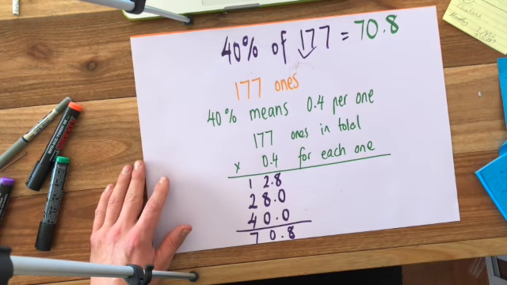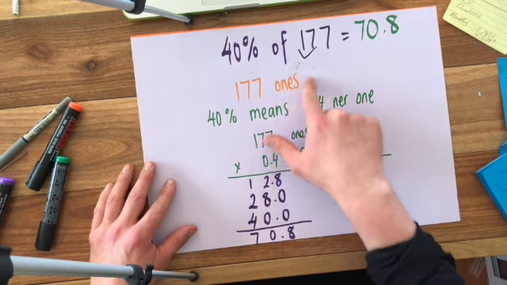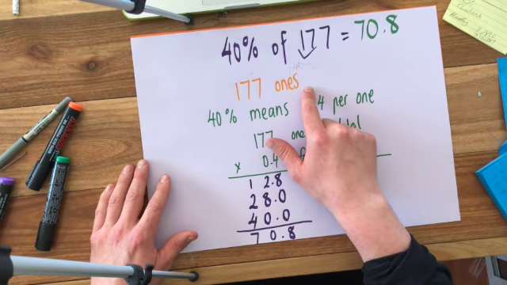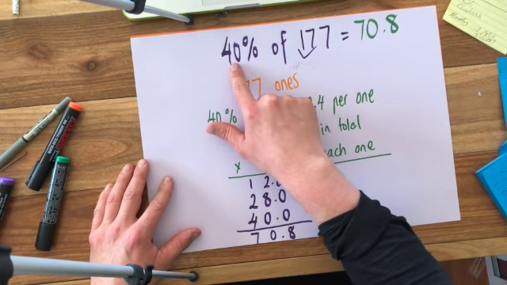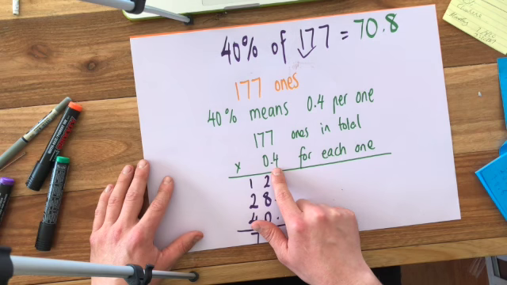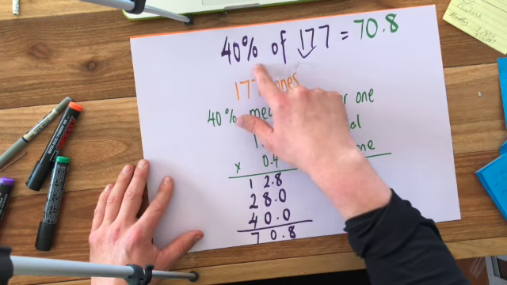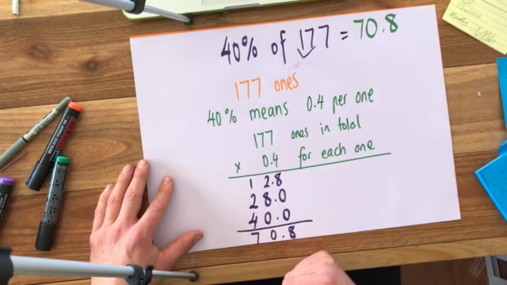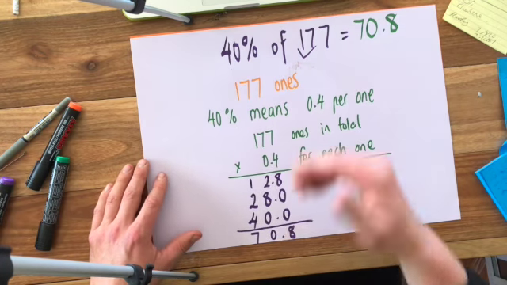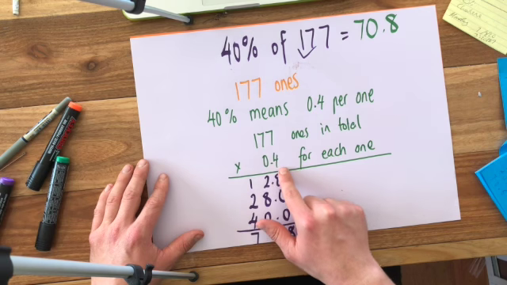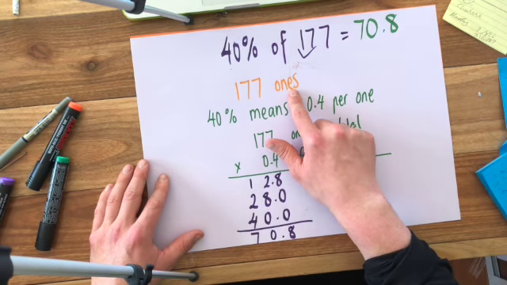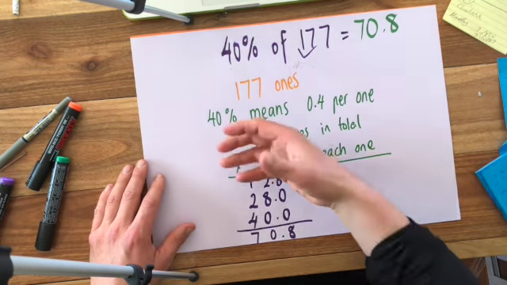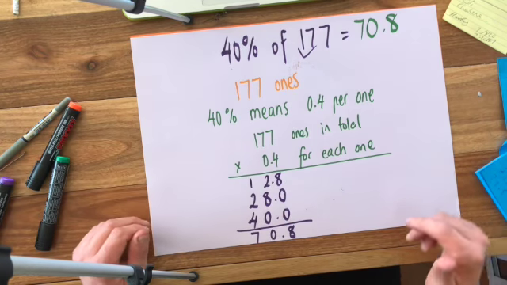We need to realise that we can rename them all into ones. And we know that 40% means 4 tenths. 50% is 5 tenths for each one. 60% is 6 tenths for each one. 75% is 75 hundredths for each one, because we know that our percentage and our decimals are linked together.